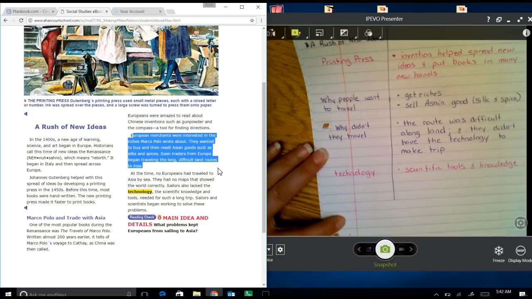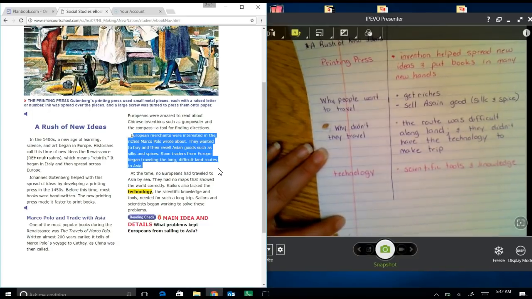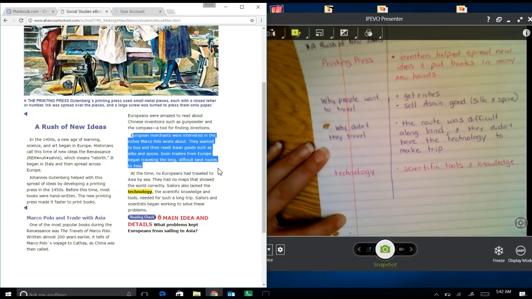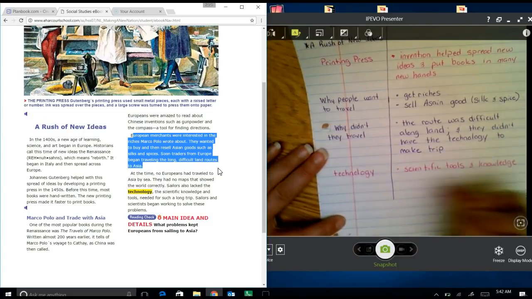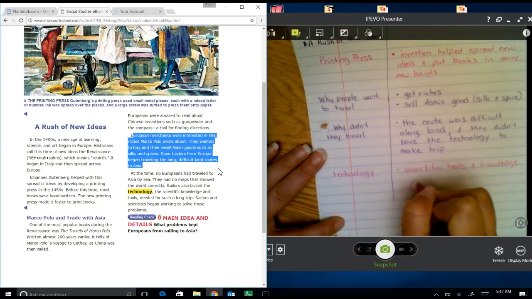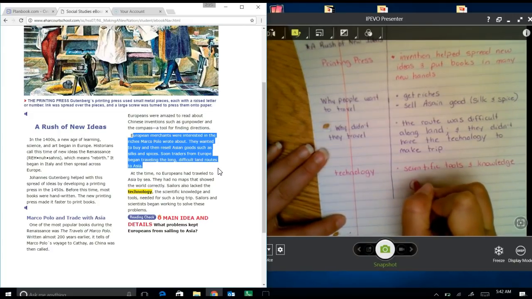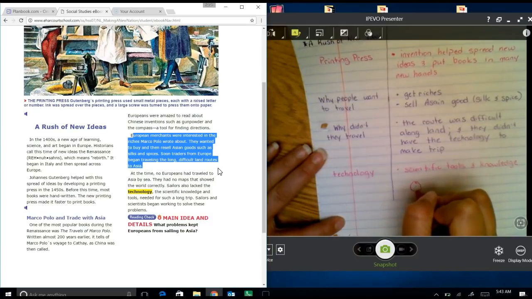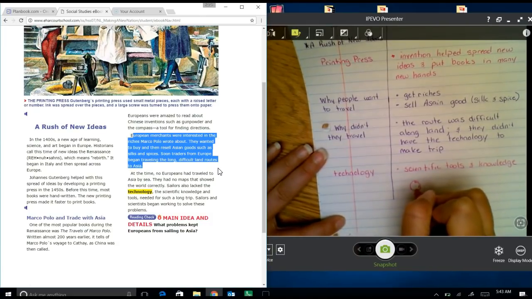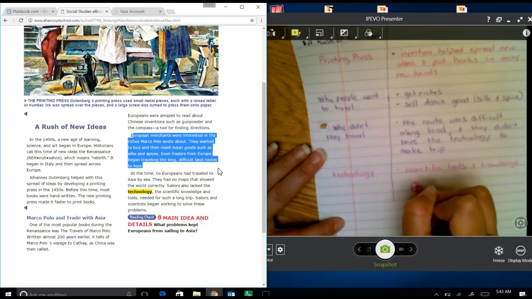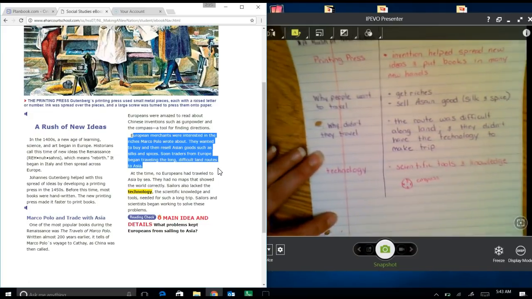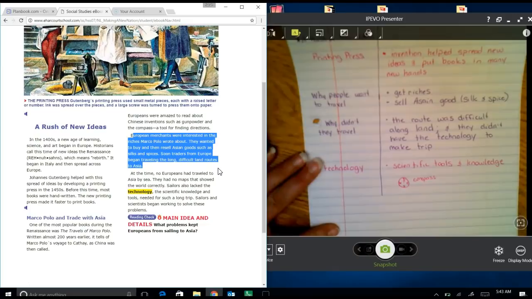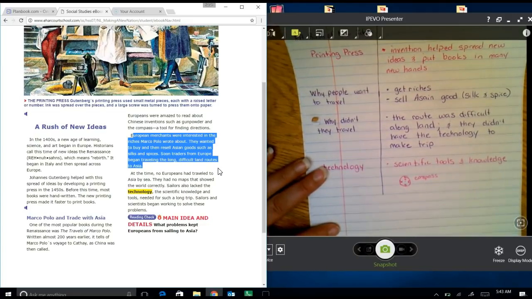That's all that technology is, scientific tools and knowledge. Okay, some examples. What I want to do is maybe think about some examples that maybe they're talking about. I'm thinking maybe a compass. A compass might be something that they would need. They didn't tell me that, but I'm going to guess that probably a compass is a pretty important scientific tool that they might need if they're going to try this kind of long trip.